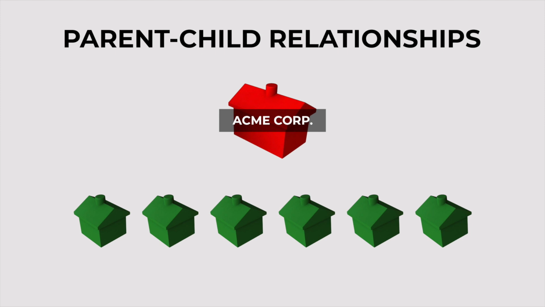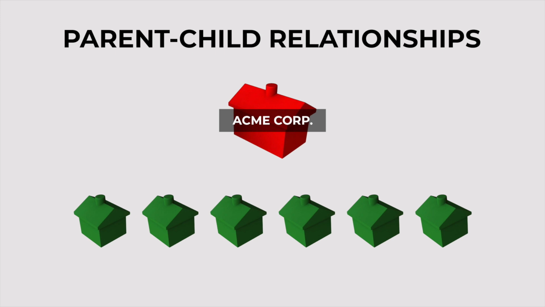Take, for example, this scenario. We have Acme Corporation, a company with multiple locations. Each location is a child of the parent company, Acme Corp. In this context, parent-child relationships help us to organize and track data for each job site, with each branch or location serving as that child.